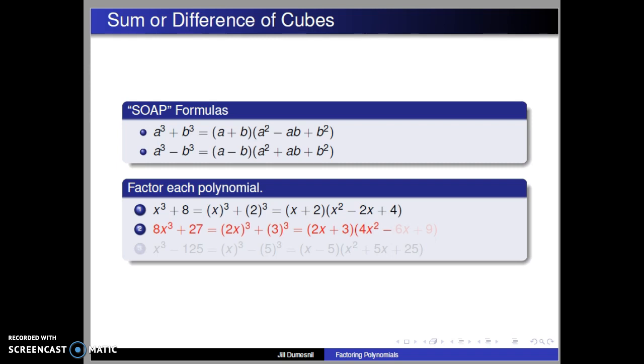Opposite sign, the product of the two bases, 2x times 3 is 6x. Always positive, the second base squared. 3 squared is 9.